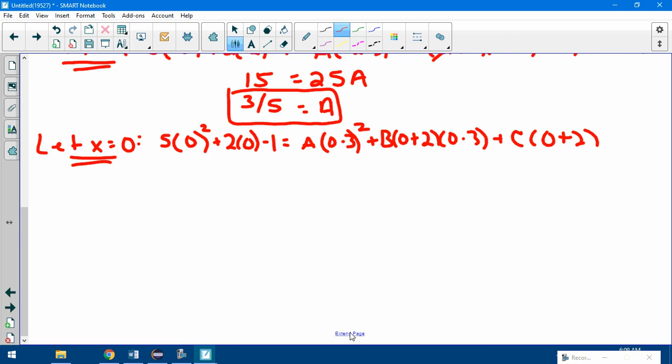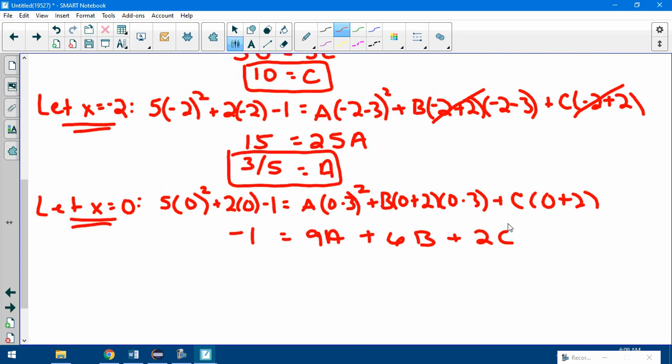What's that give me? Well, I've only got negative 1 over here. This would be 9a plus 2 times 3, so 6b, plus 2c. But then remember what you already know. You know that c is 10.